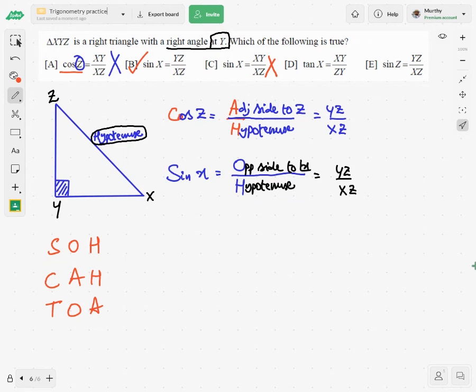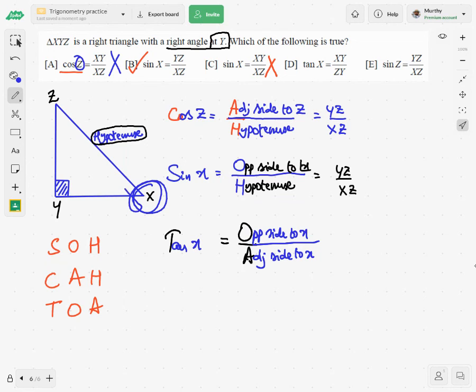And next, tan X, you can compute this one. Let me take tan, TOA from SOHCAHTOA. Therefore, tan X equals the opposite side to X over the adjacent side to X. X is here and the opposite is YZ.